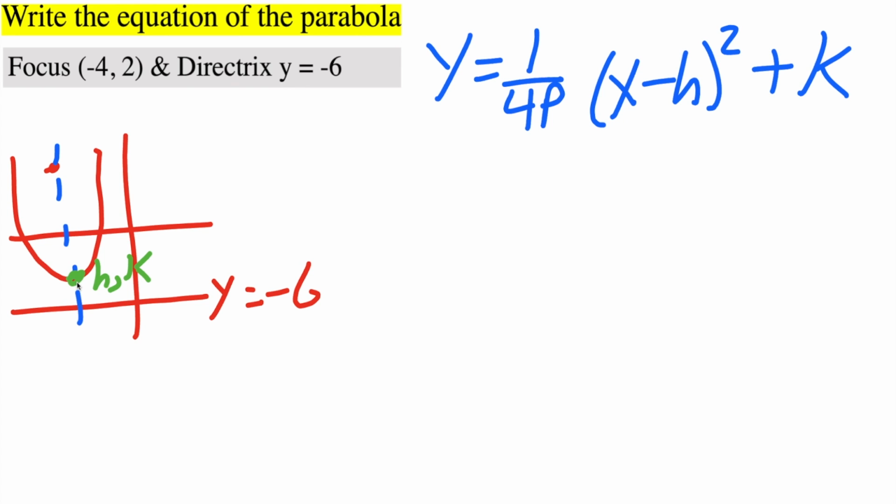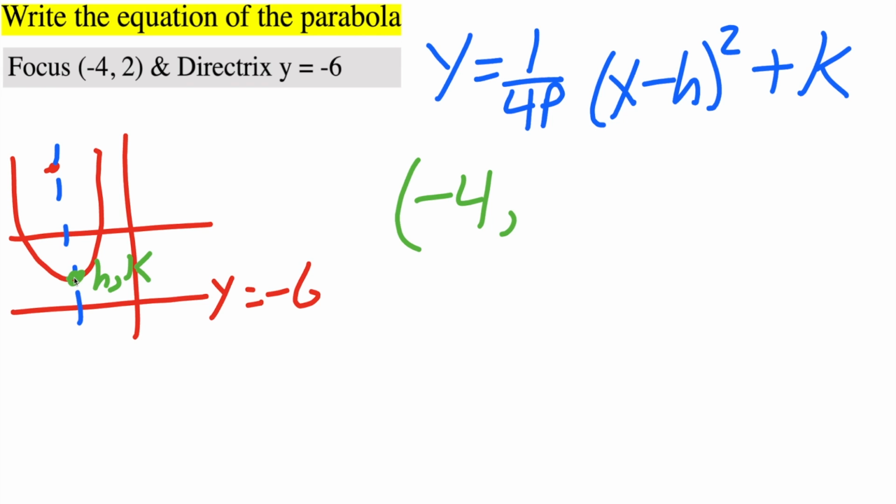And for a vertical axis of symmetry, the vertex is going to be directly below the focus. So the x value is going to be the same, which is -4. So we'll put a -4, comma.